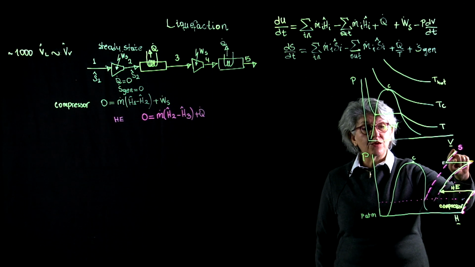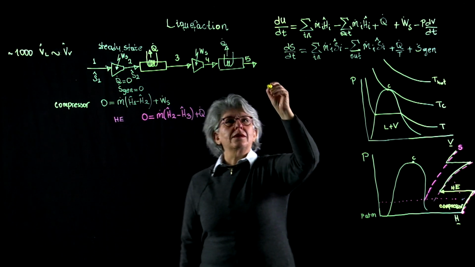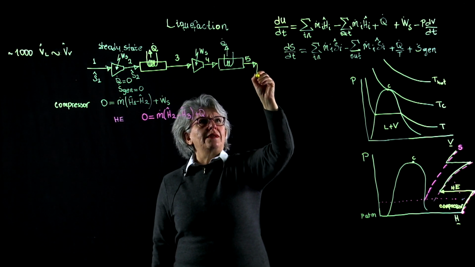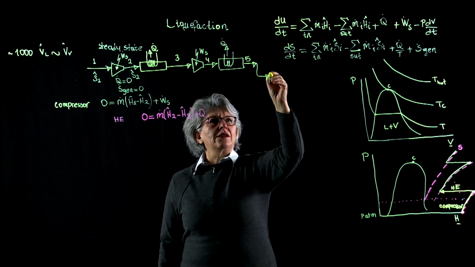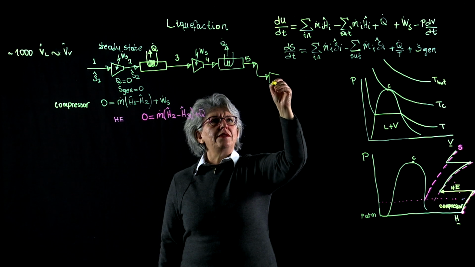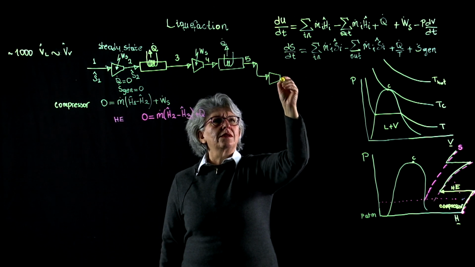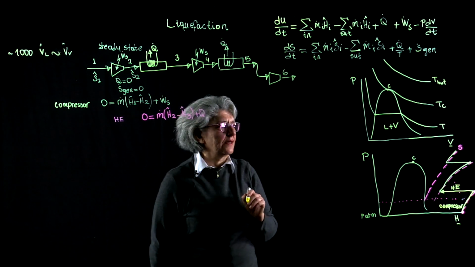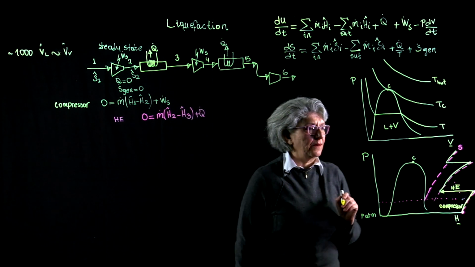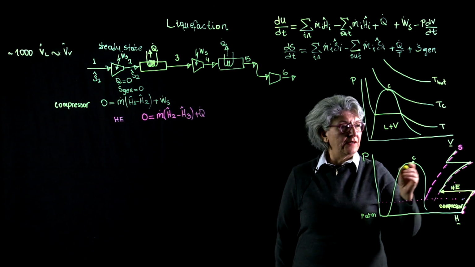Now I need another compressor. Let me just change the direction so that I will have space. This is 6. Now what I am going to do is the following.